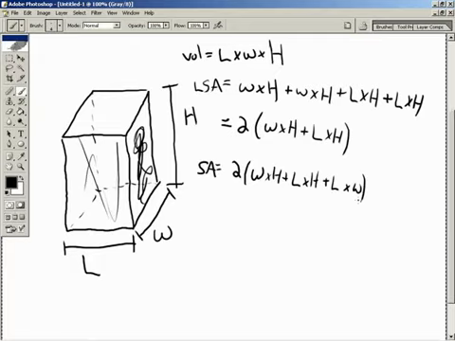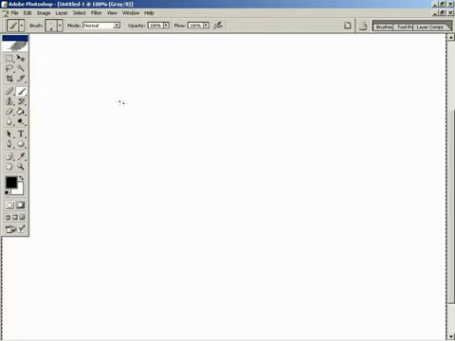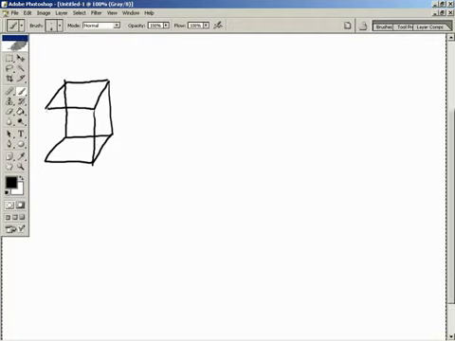But what happens when you're dealing with a cube? Hopefully I draw it better this time. So now we have a cube.